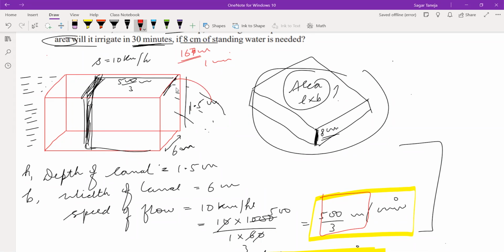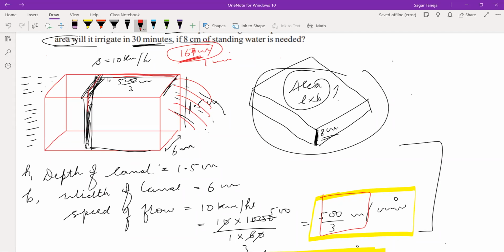If the water flows out from here, how much water will fall out of the canal in 1 minute? Water from the distance of 167 meter will fall in 1 minute, because water flows at a speed of 167 meter in 1 minute. Is it clear?